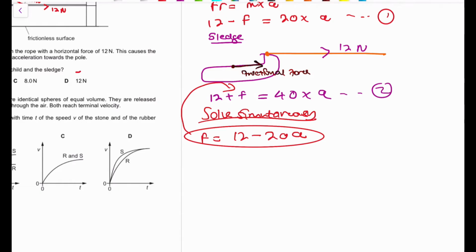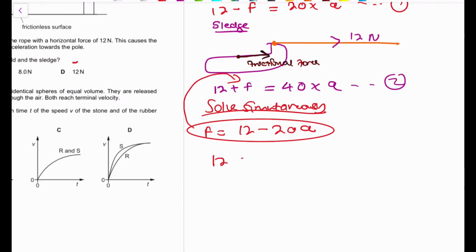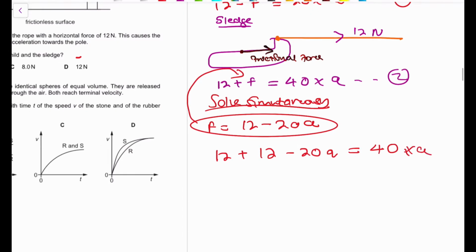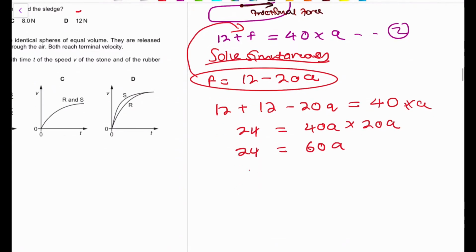It's going to be 12 plus 12 minus 20A, equivalent to 40 multiplied by A. So 24 is equivalent to 40A plus 20A, so 24 is equivalent to 60A. The value of acceleration is going to be 24 divided by 60, that's 0.4 meters per second squared.